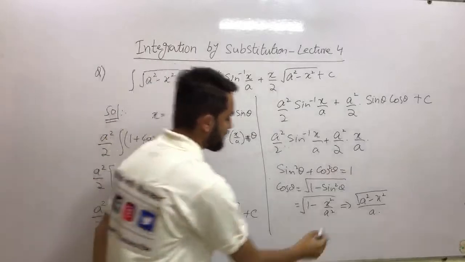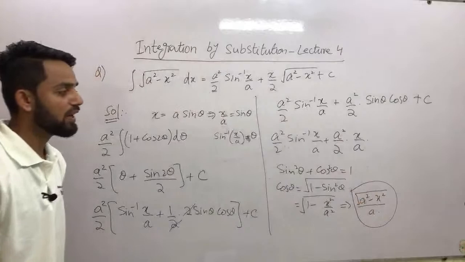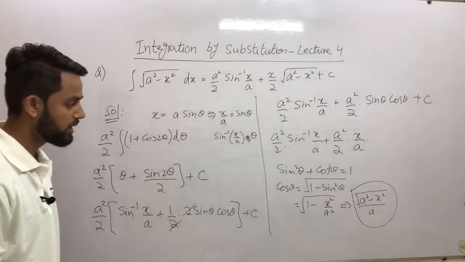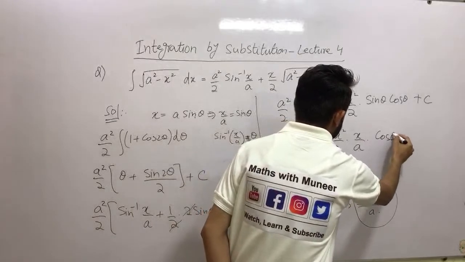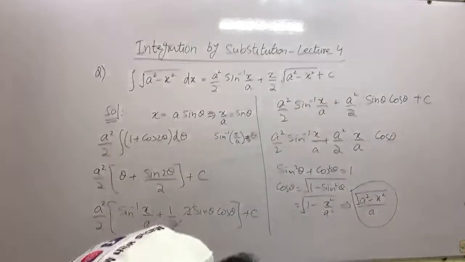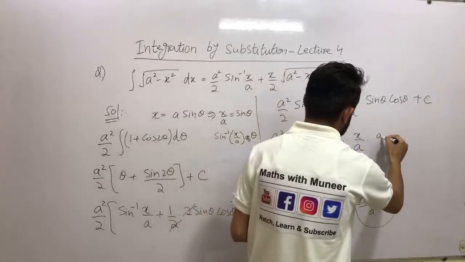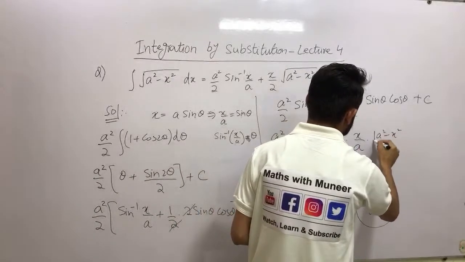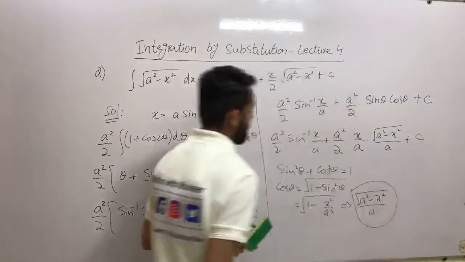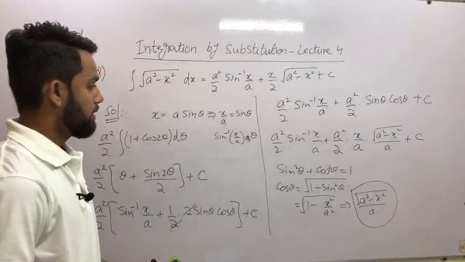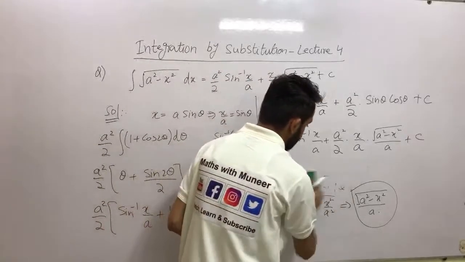Okay, this result is basically the value of cos theta, and we will be putting it here. Not cos theta, sorry, we have to put its value. So it's the square root of a square minus x square over a plus c. Okay, right. So I can erase this part now.